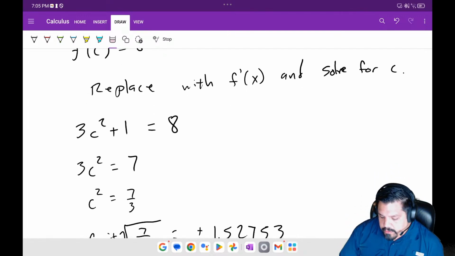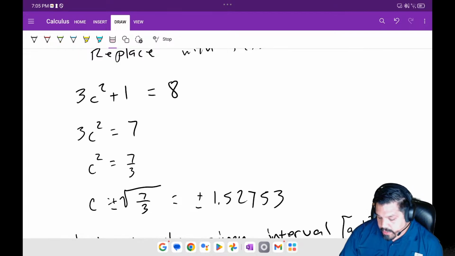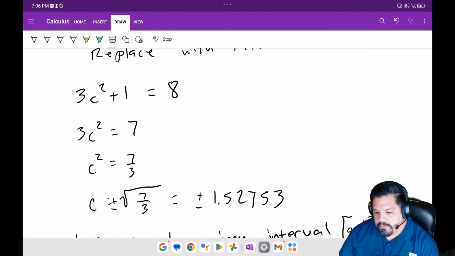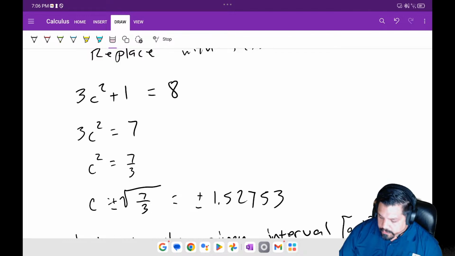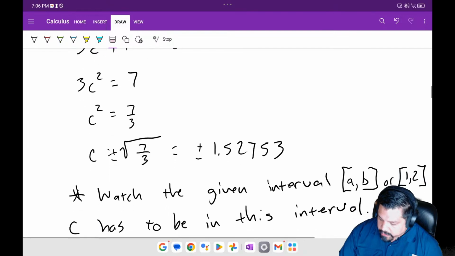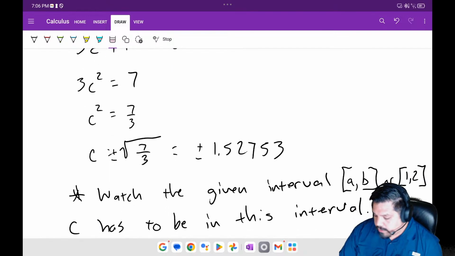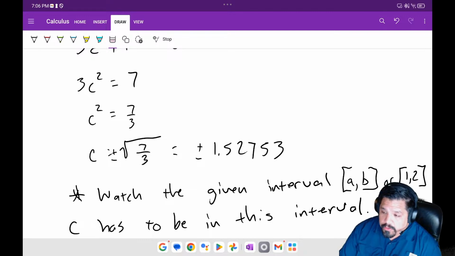So as you can see, just move the 1 over, divide by 3, take the square root, and get the plus or minus. Now this is not just your answer. You have to double check the interval, right? So watch the given interval from a to b, or in this case, between 1 and 2. C has to be in between that interval.